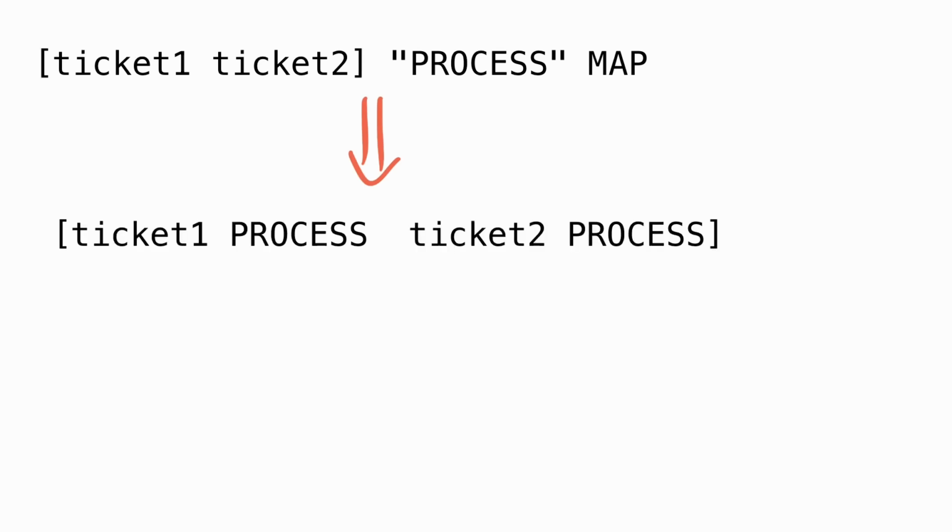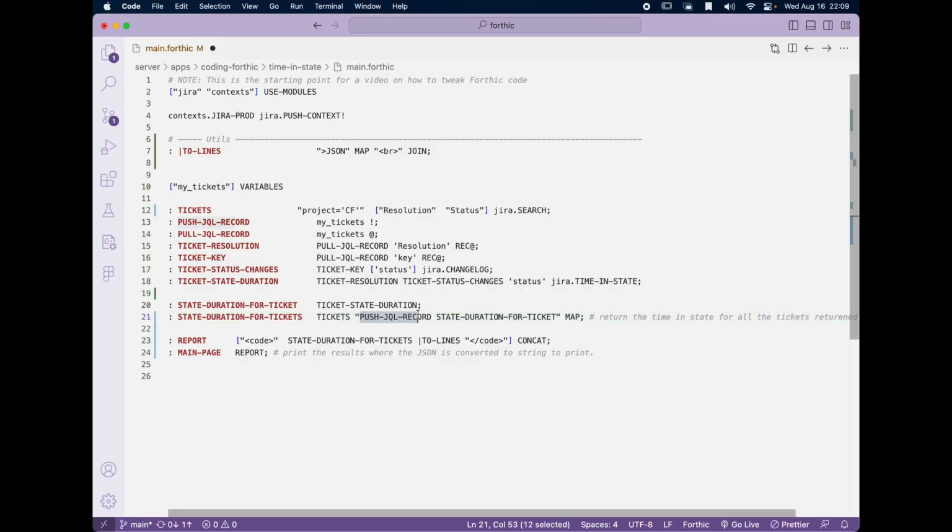So each element in this tickets array will be pushed onto the stack. Then we're going to run this string. And so when we run this push JQL record, we're just setting the value of a ticket. And this is kind of misnamed. So it's not really ticket, it's ticket.